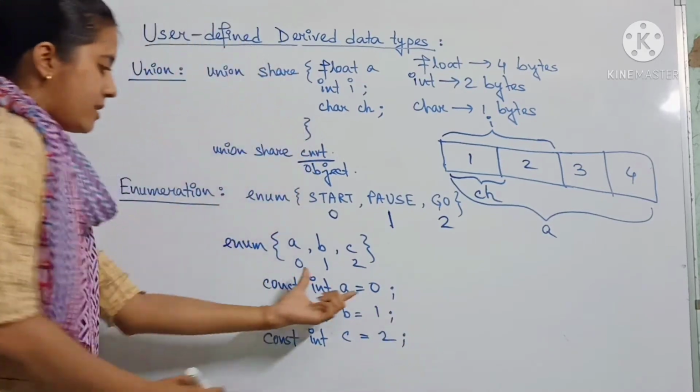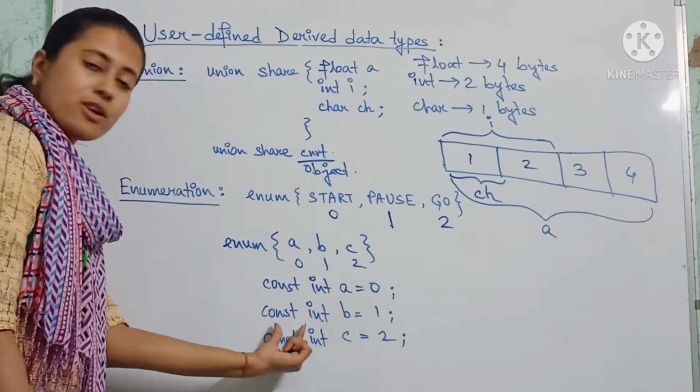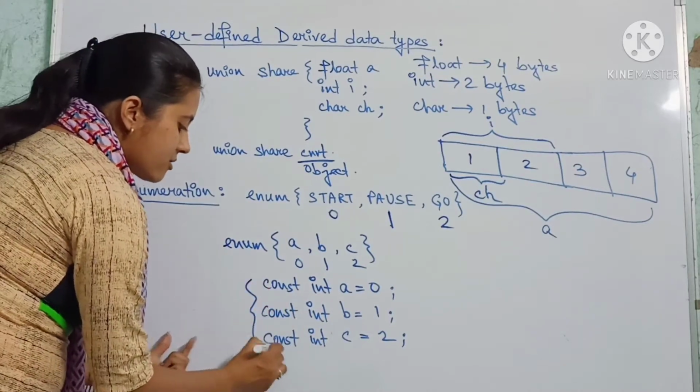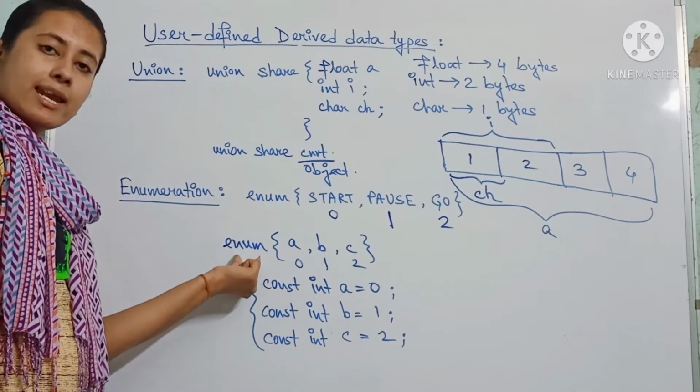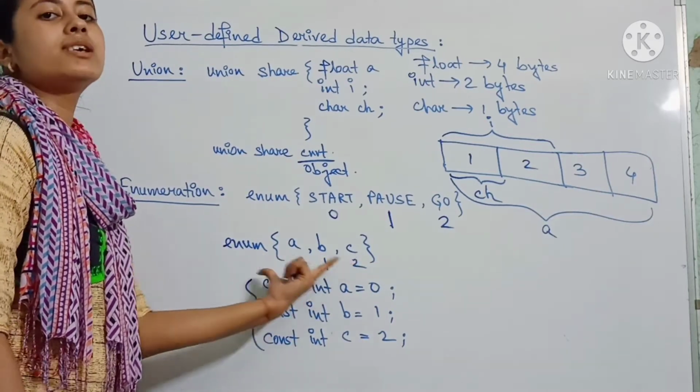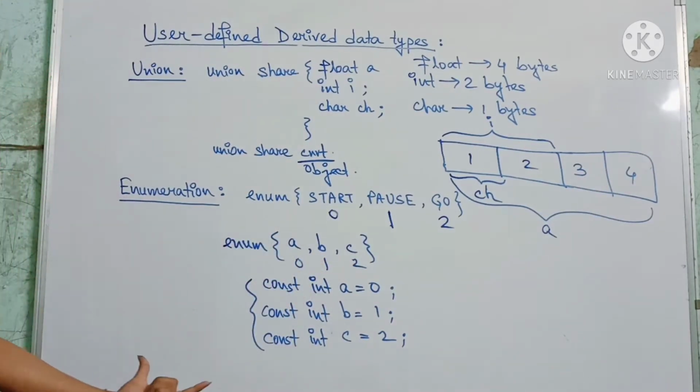Clear? If we write using constant, then we have to write 3 lines of code. But similar thing if we do using enum, then in 1 line we can accommodate this thing. Clear? This is enumeration and nothing else. Okay?